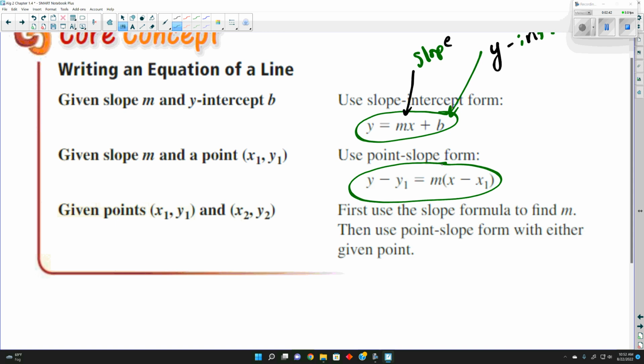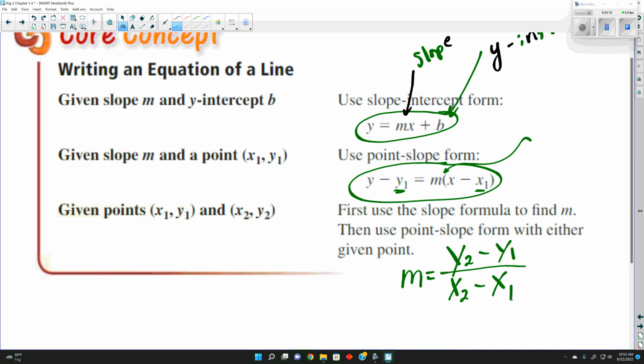The reason I call this point slope is our y1, x1 are our point, the x and y value they're given, and m is still the slope. If we're not given the slope, we can use the equation to find slope, y2 minus y1 over x2 minus x1.